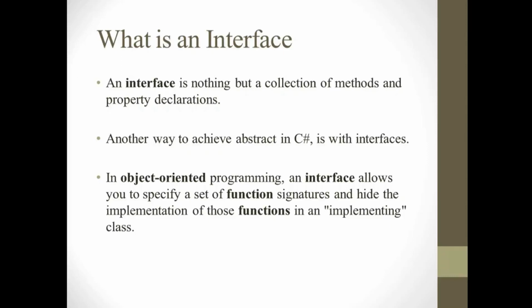But now we have another topic, that is the interface. An interface is just a collection of methods where we only declare the abstract methods. So we can also achieve encapsulation, hiding the inner information from the user, with the help of an interface.